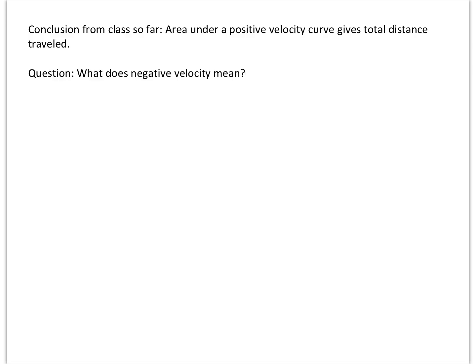Okay, so our conclusion from class so far: the area under a positive velocity curve gives total distance traveled. Our next question is, what does negative velocity mean? Negative velocity means our speed, velocity is speed, but we are moving backwards.